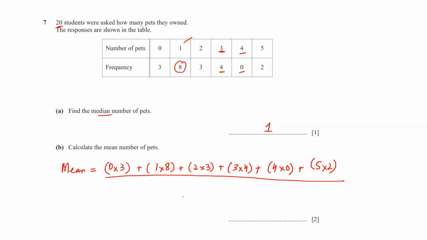The total number of students was 20. So the mean comes to 0 plus 8 plus 6 plus 12 plus 0 plus 10 divided by 20.